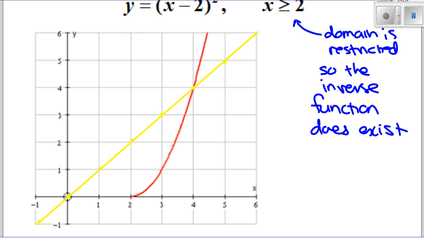I like to label it y equals x, so people don't get confused and think it's part of a function. And now let's do the inverse. The x-intercept of the original one was 2, so what will the y-intercept be? You see they kind of swap over. Another thing you can think of is where it crosses the line y equals x, they'll both connect there.